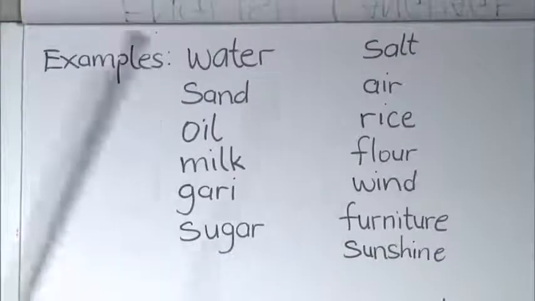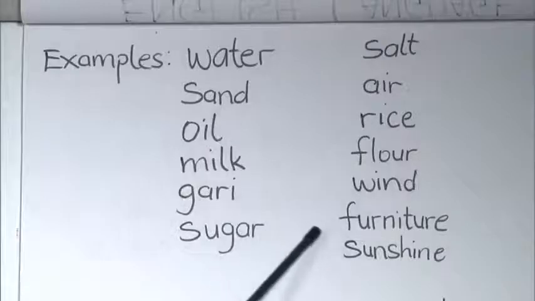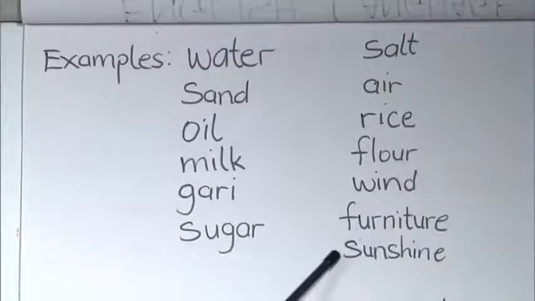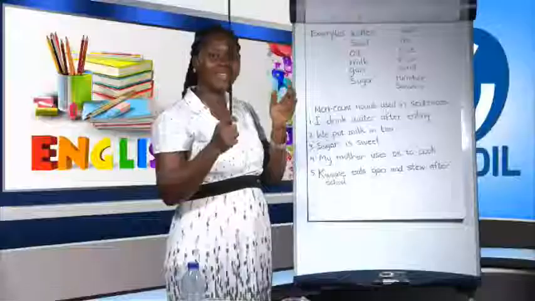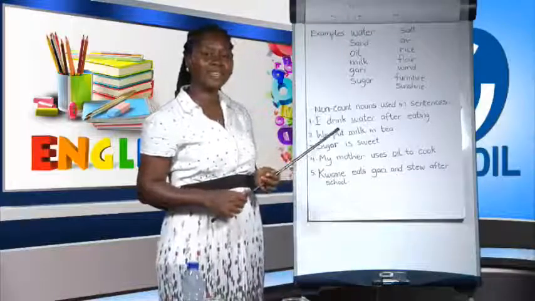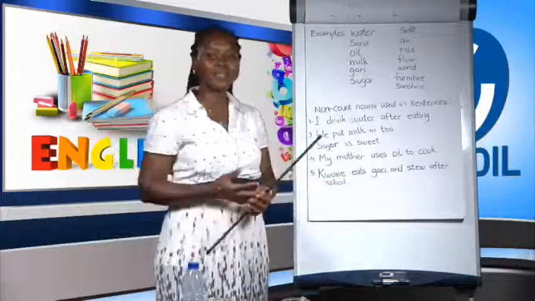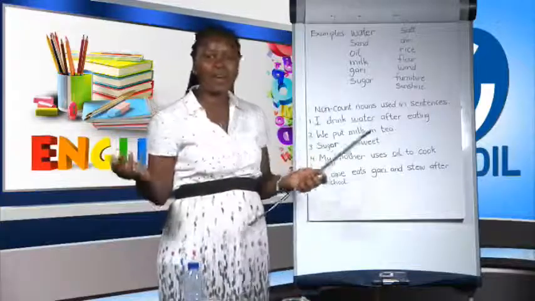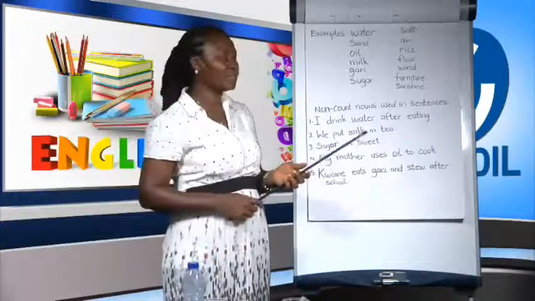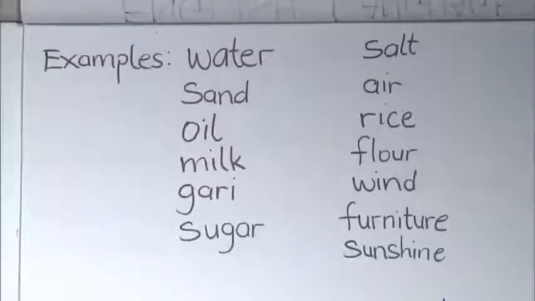We have met furniture before. We have sunshine. When the sun rises in the morning and it is shining on us, you cannot count sunshine here in Cape Coast, nor Accra or Tamale. So we cannot count sunshine.